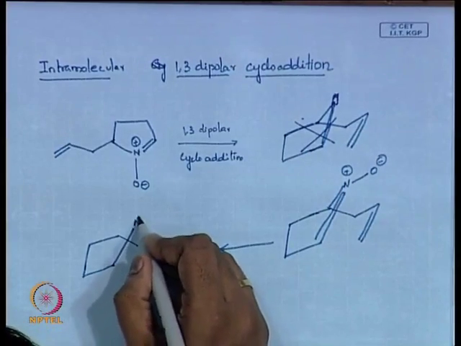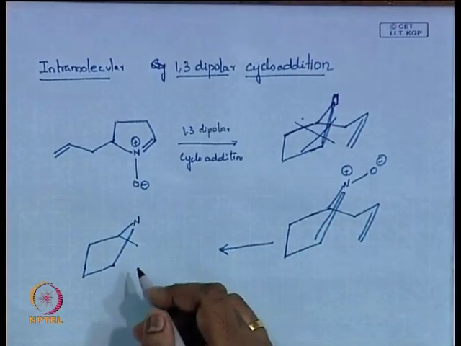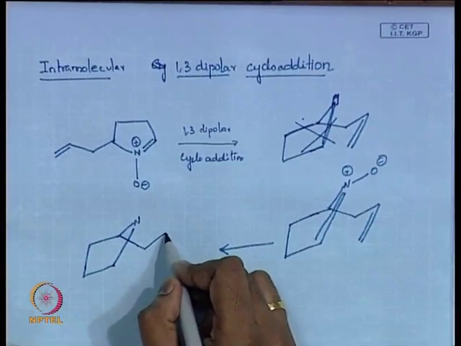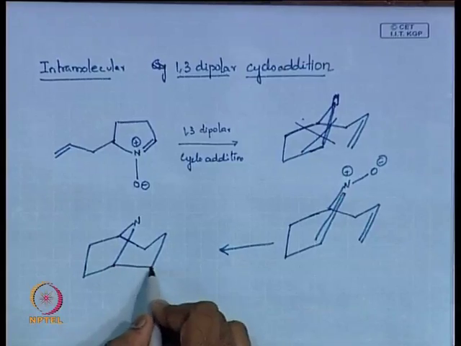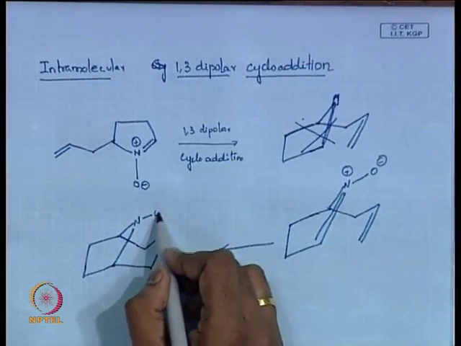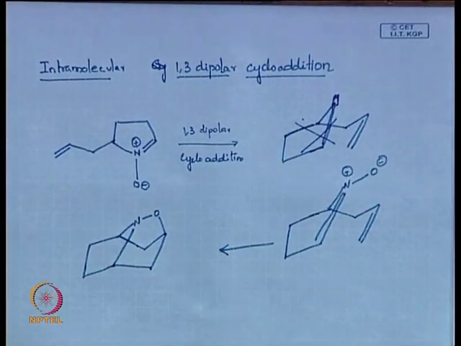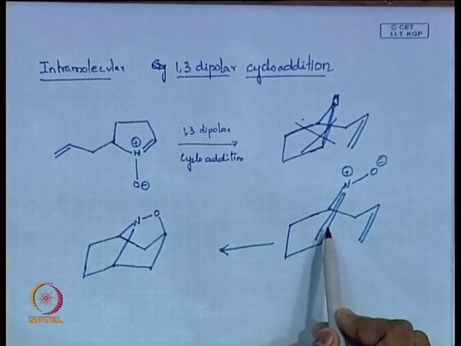I can write my nitrogen with this, and then I can write this with my oxygen. So, you get this product. This is your intramolecular 1,3 dipolar cycloaddition reaction. Fine, it is only the way you write it.